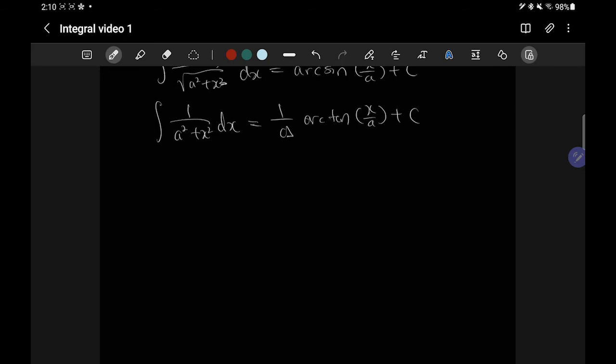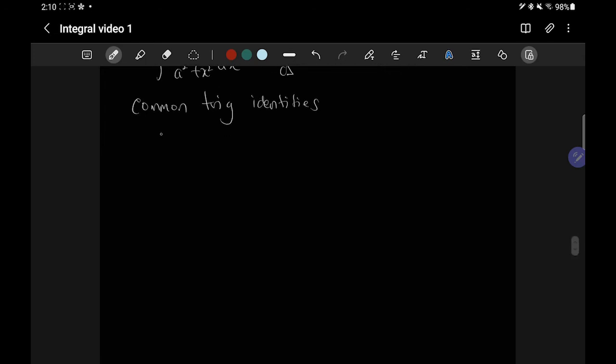There are also some common trig identities that you should memorize, because all of the complex trigonometric integrals require you to know these identities. So, common trig identities. We have sine squared theta over 2 equals 1 minus cosine theta over 2. Cosine squared theta over 2 equals 1 plus cosine theta over 2.